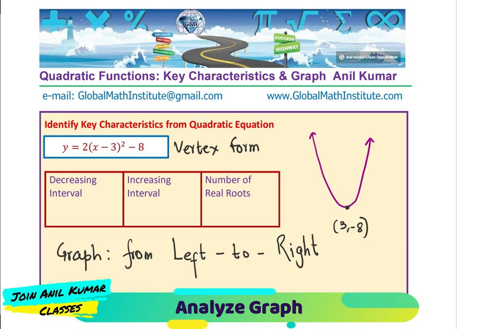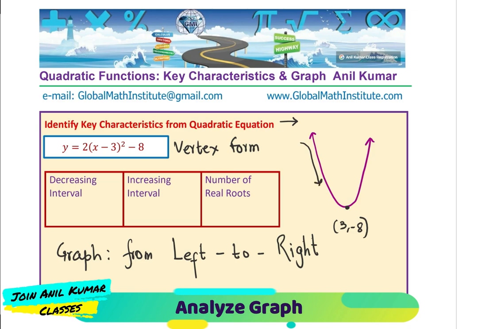Put it big and bold. From left to right means you have to see as if you're coming from this side. So when you're coming from this side, what happens? Well, you hit this graph and then you go down. Do you see that? So this is the decreasing interval.